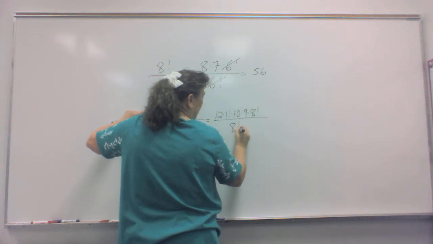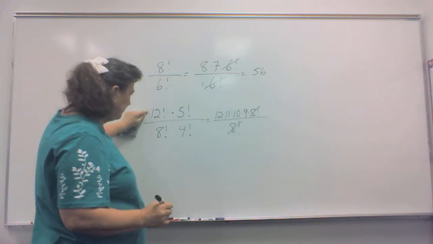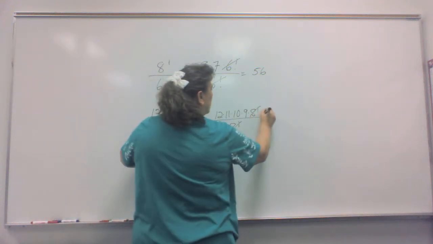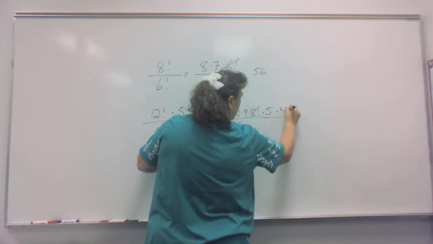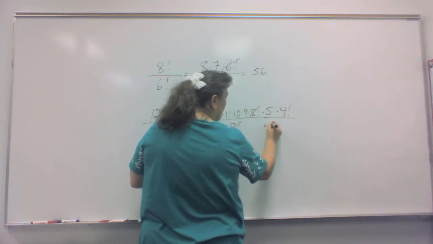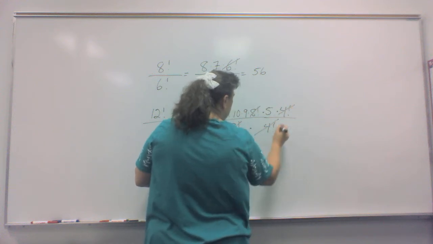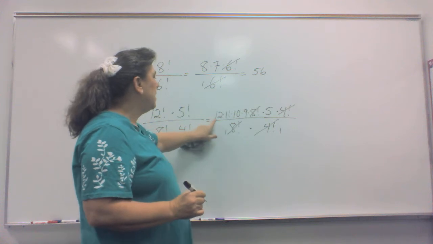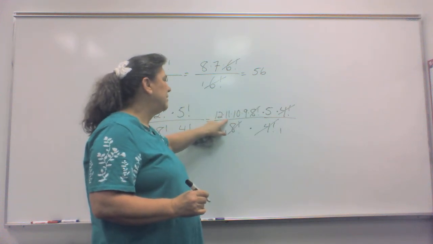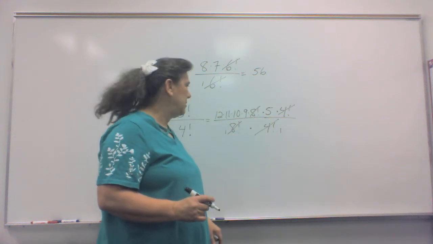And there's that 8 factorial in the denominator. They're already canceled. Times 5 times 4 factorial, and there's the 4 factorial in the denominator, and that one cancels with that, leaving 1 in both cases. So I am left with 12 times 11 times 10 times 9 times 5 over 1.